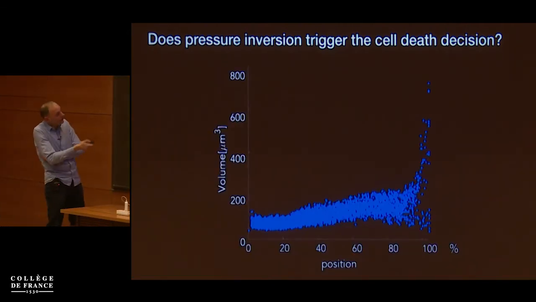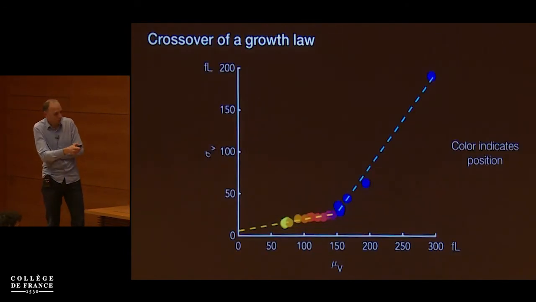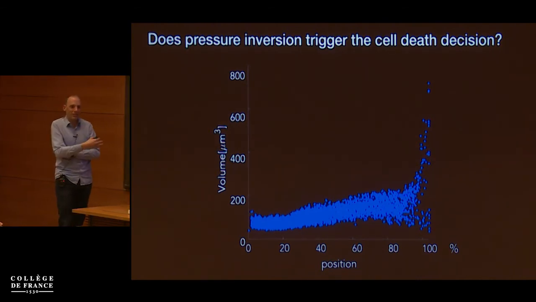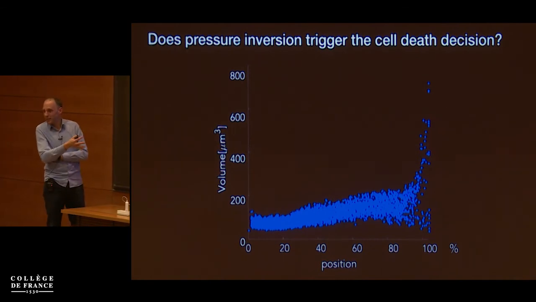So we looked at that. Here are the volumes of the germ cells. I've showed you this graph before. Now it's a bit tricky to figure out where this, so this is a single distribution, and at some point this distribution splits into two. There's many ways to assess unimodality or bimodality.